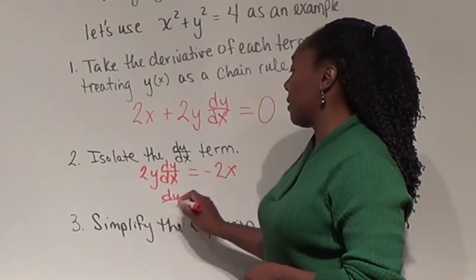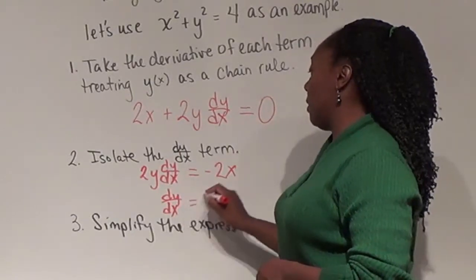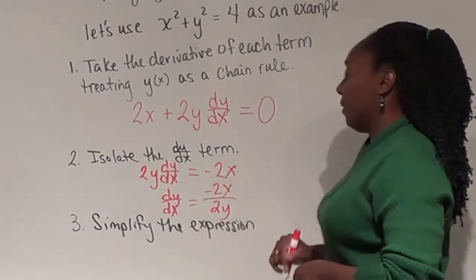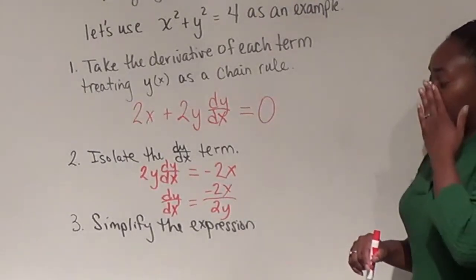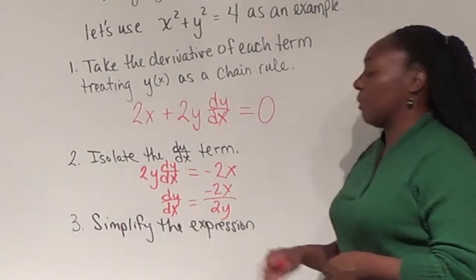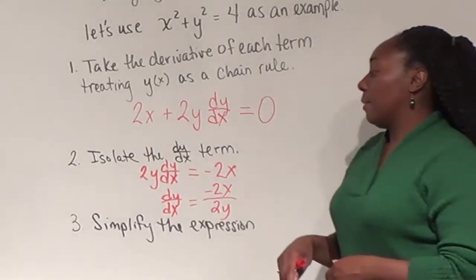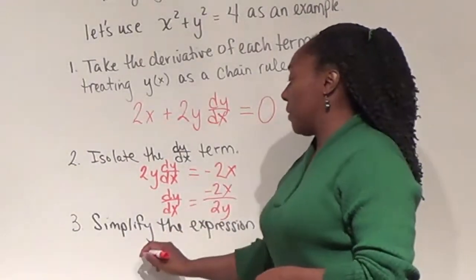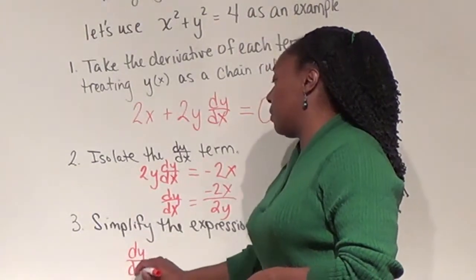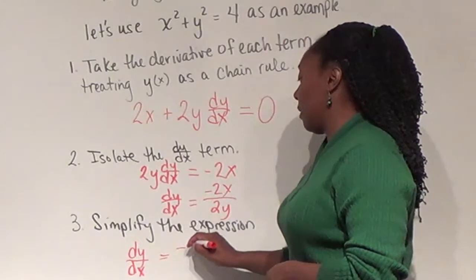So dy dx is going to equal negative 2x over 2y. And last, just like any other equation, we want to simplify what's left over. Not all of them are going to look this nice, but here dy dx is just negative x over y.